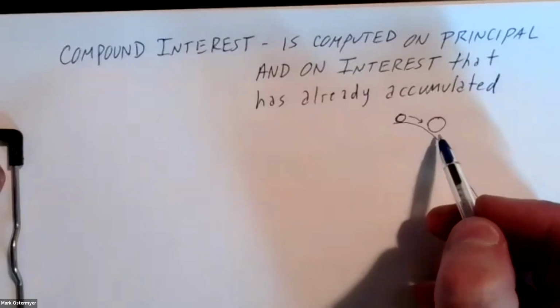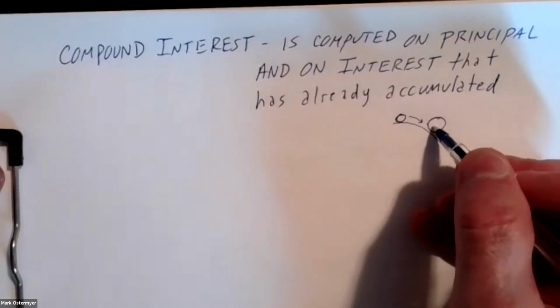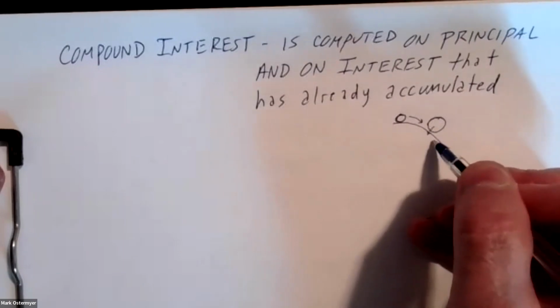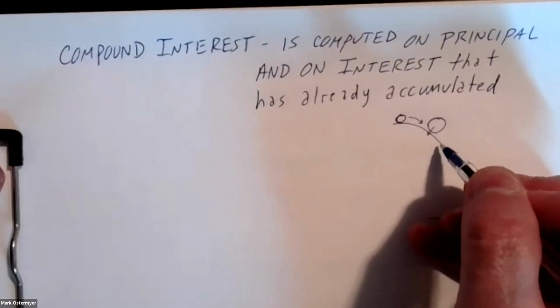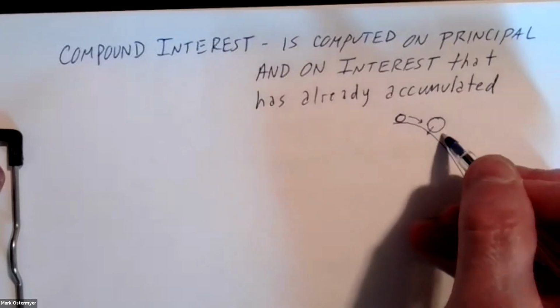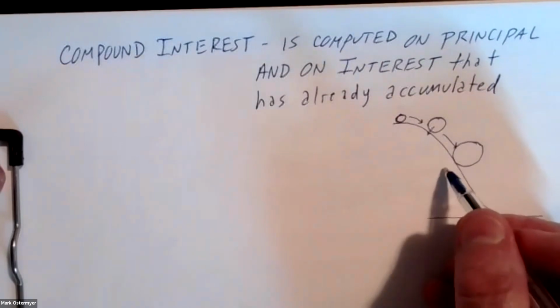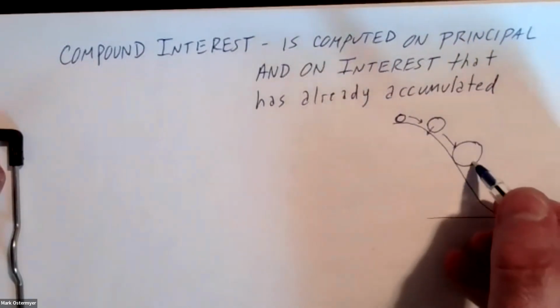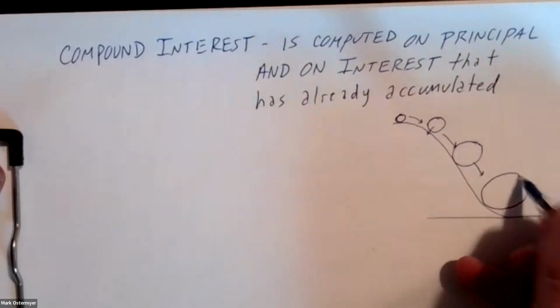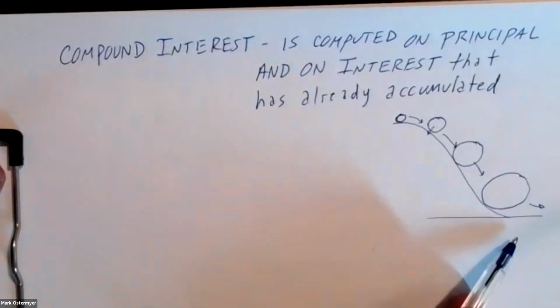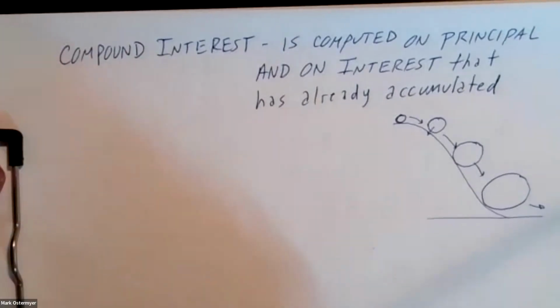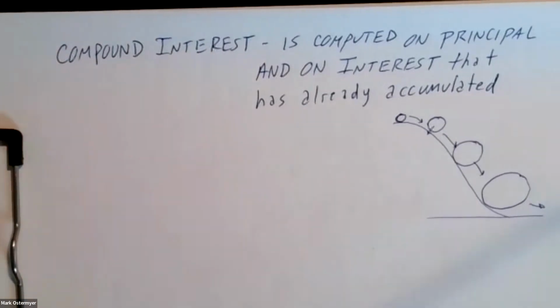But if the snowball becomes bigger, that means it's going to become heavier, which means it's going to push deeper into the snow, in which case it'll pick up even more snow. Do you agree? Because it's heavier, it's going to grow even at a faster rate. Which means it's going to become even heavier, forcing it down deeper into the snow, picking up more snow and growing at an even faster rate. That's the marvel, ladies and gentlemen, of compound interest. It grows very quickly compared to simple interest. Pretty amazing, isn't it? Okay.